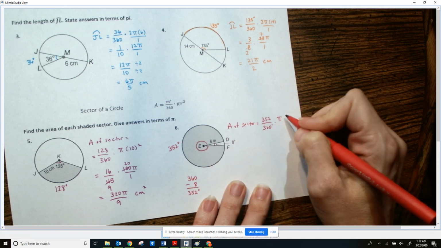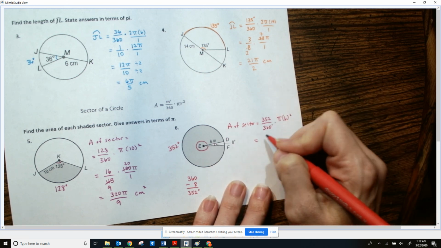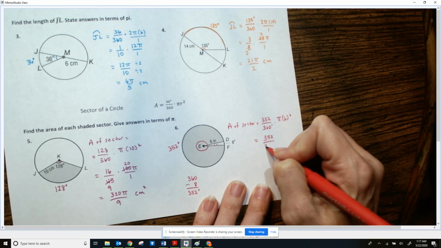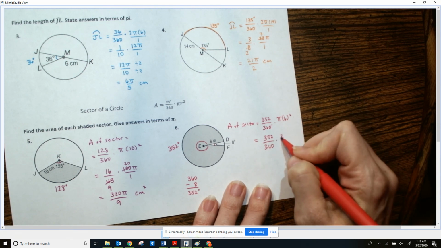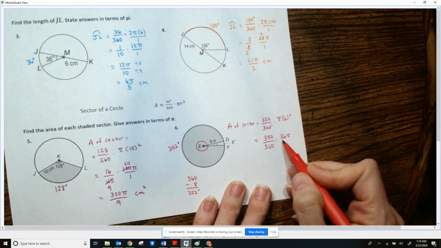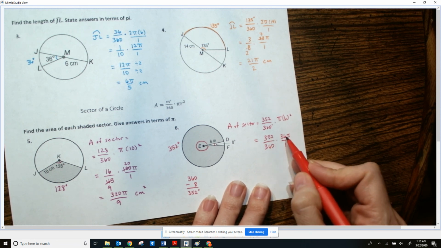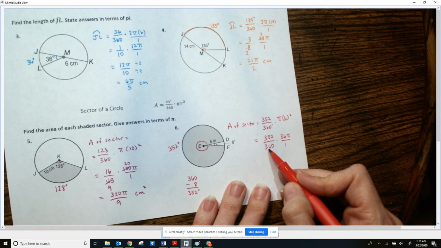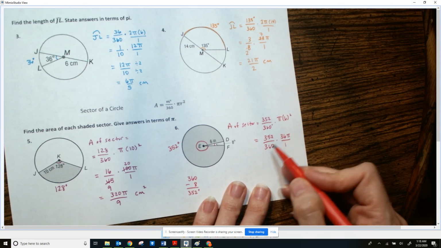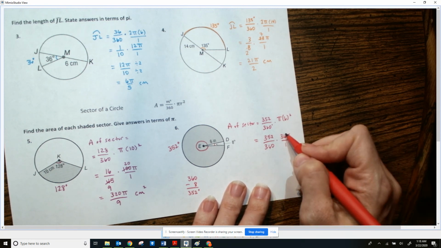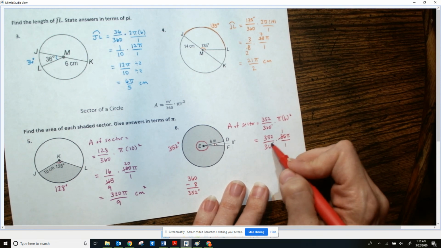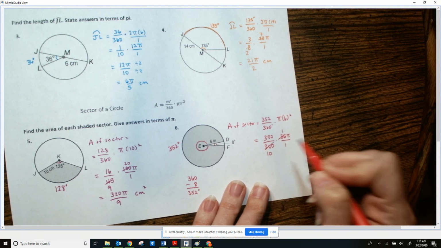Now r is 6, so 6 squared. So 352 over 360 times 36 pi. Now this one I'm going to simplify a little bit differently. Instead of doing this fraction, I know that 360 and 36 are both divisible by 36. So I actually simplified this first. So 36 goes into 360 10 times.